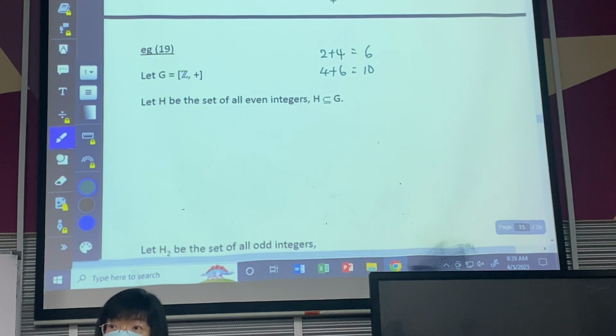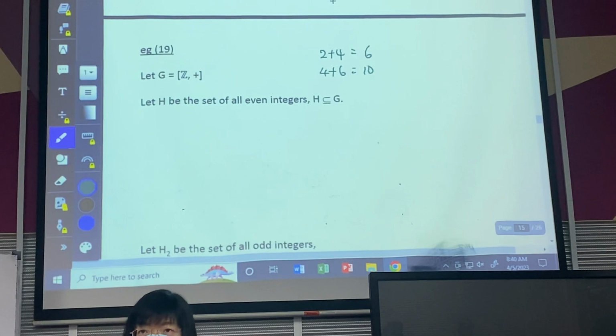Divide with what? Divide with 2? Because if it is an even number, as long as you multiply 2 with any integer, you will get an even number, right? Yes. Correct? 2 multiplied by any integer gives an even number.